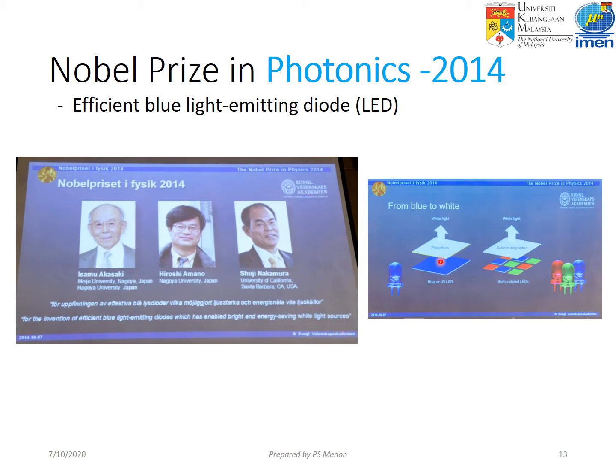As you can see from here, using phosphors, the blue or ultraviolet LED can be used to produce white light. At the same time, it can be used in combination with green and red LEDs to form white light after color mixing optics. So from blue LED they were able to produce white LED.